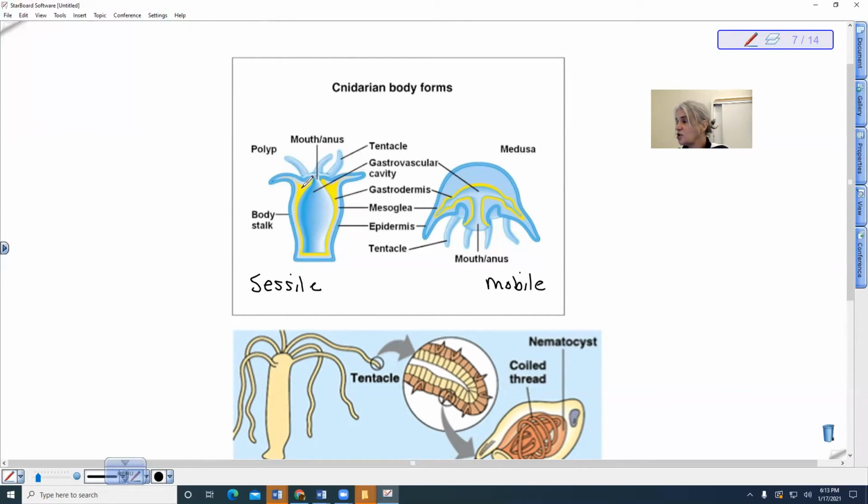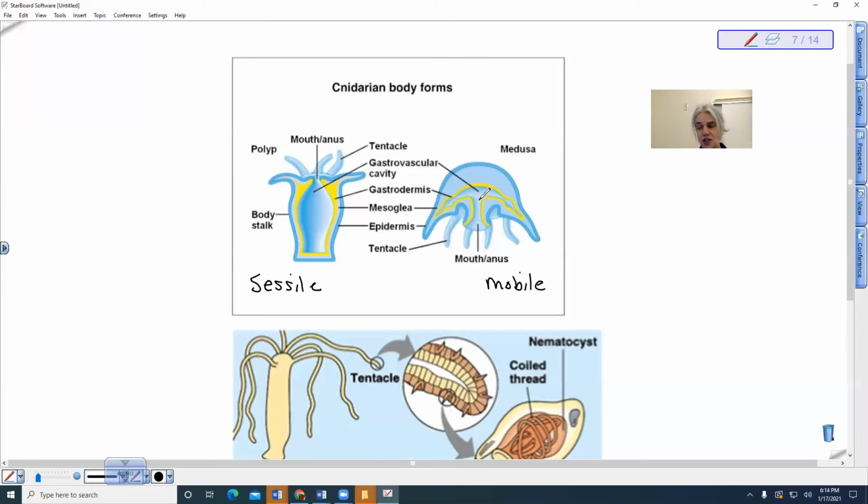So they have two tissue layers. They have one mouth/anus in both of these. They differ in the orientation of their mouth and anus, whether it's down, like in the medusa, or pointing up, as in the polyps. So a good example of this would be like the sea anemones, right?